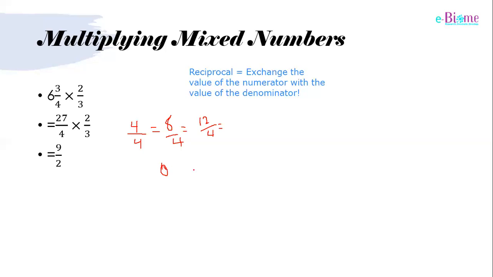How we're able to express 6 basically then in this way, it would have to be 6 multiplied by 4, right? Gives us 24, and that is over 4.